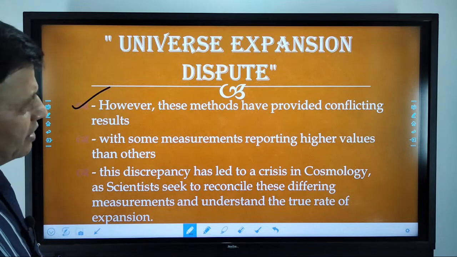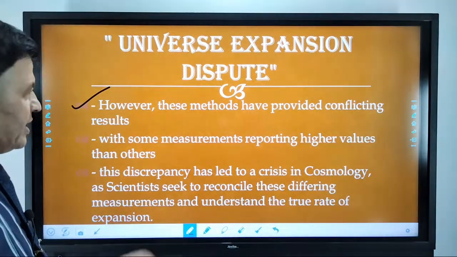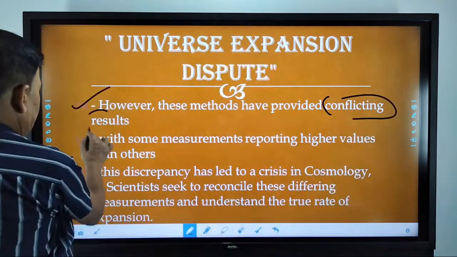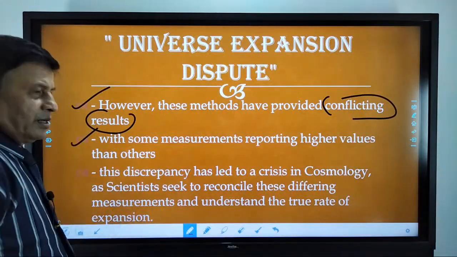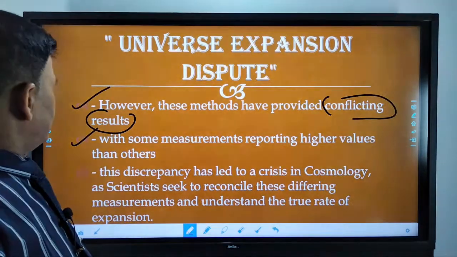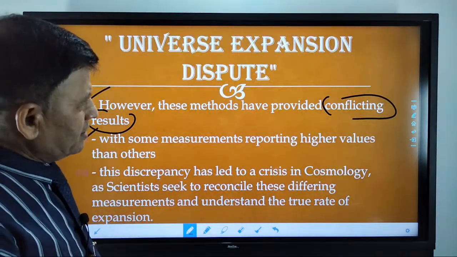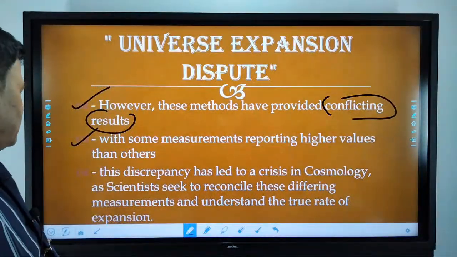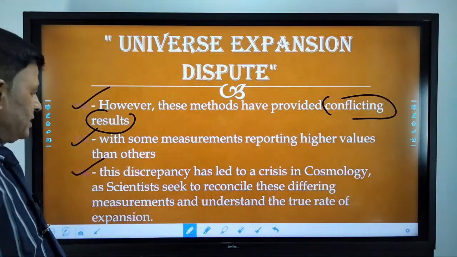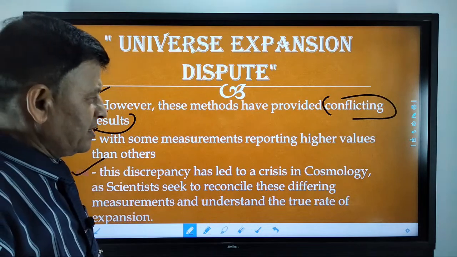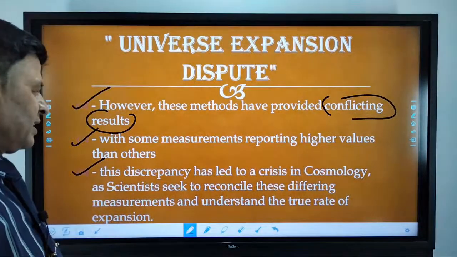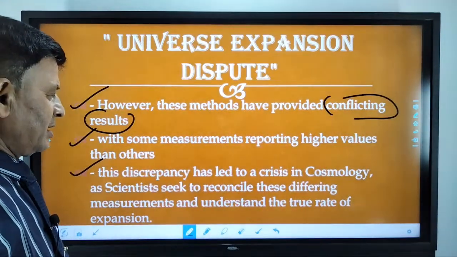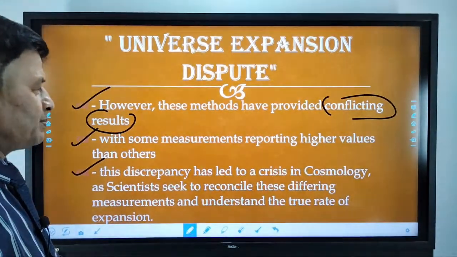However, these methods have provided conflicting results, mind it, conflicting results. And the point of assertion is, with some measurements reporting higher values than others, this discrepancy has led to a crisis in cosmology, as scientists seek to reconcile these differing measurements and understand the true rate of expansion. Right?